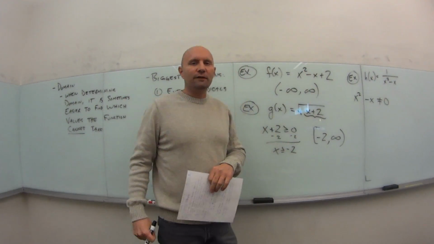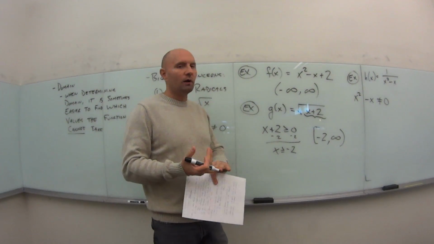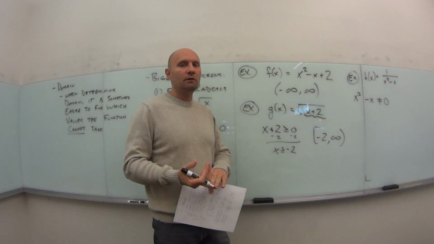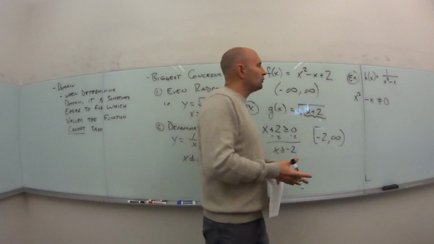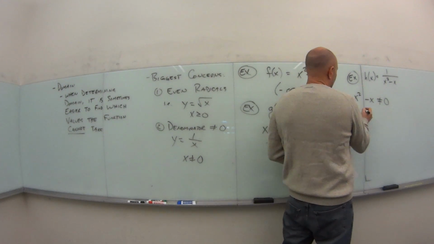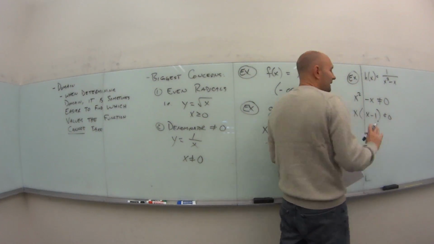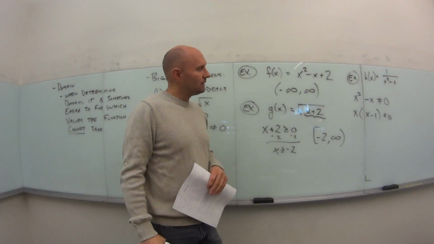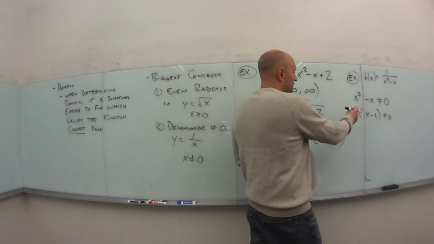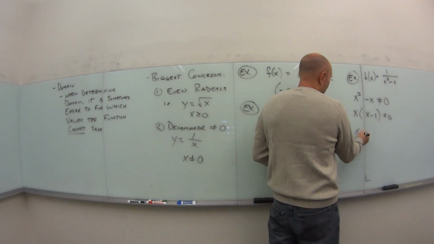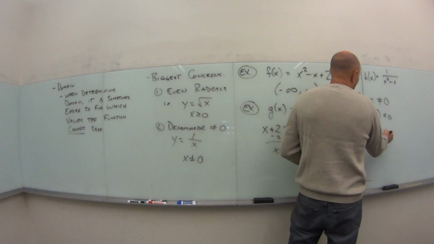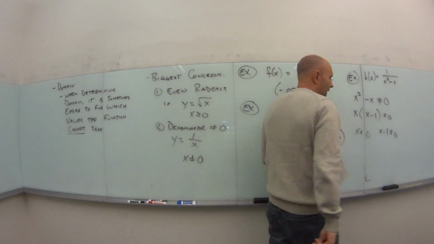So what do we have to do here? How do we solve for x? Well, we're going to factor and then use the zero property rule. So if I factor out an x, this gives me what? x minus 1. This whole thing cannot be 0. So using the idea of the zero property rule, x cannot be 0, and x minus 1 cannot be 0.